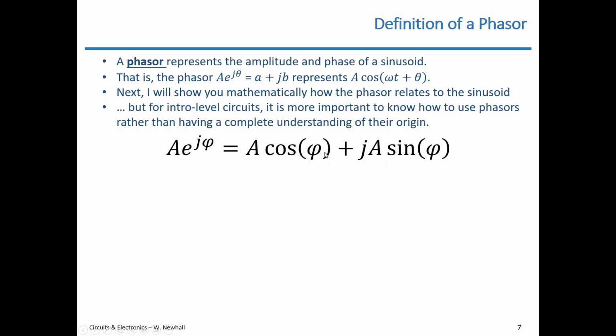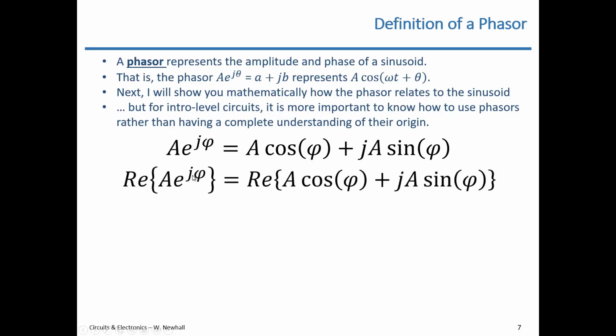I'm trying to end up where I have A cosine omega t plus theta, I have this up here, equals something that includes a phasor. So we will get there. But let's start with this equality. And whatever I do to one side, I can do to the other.